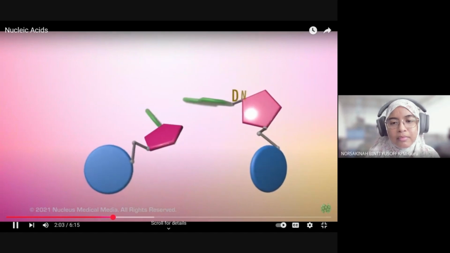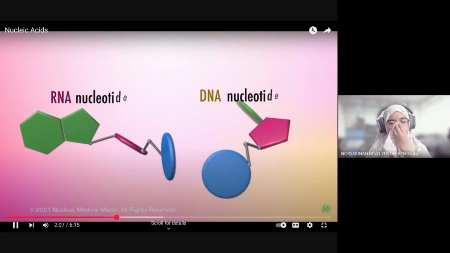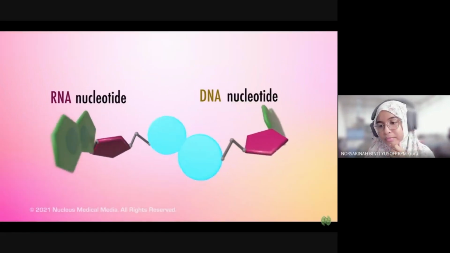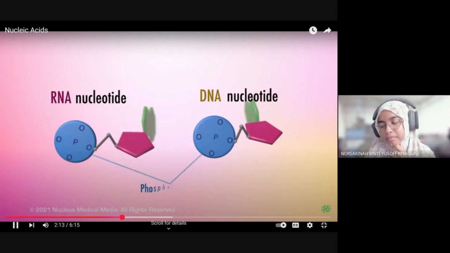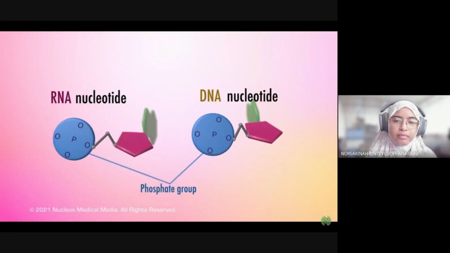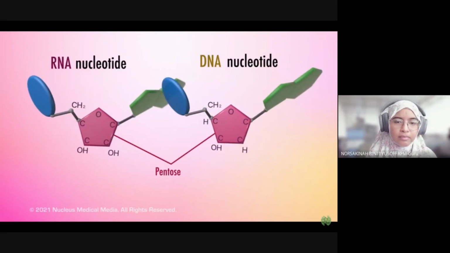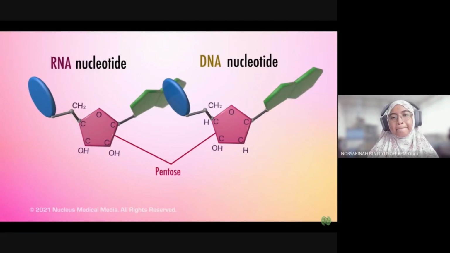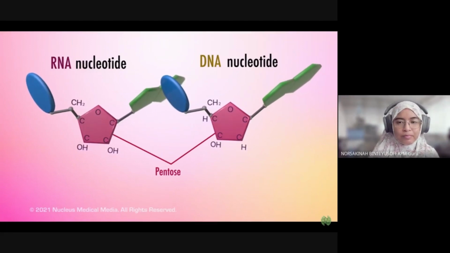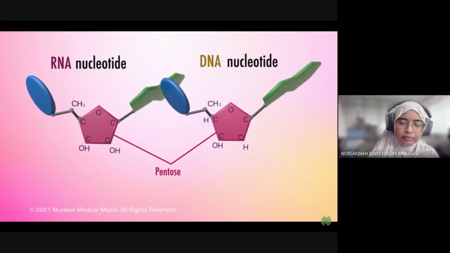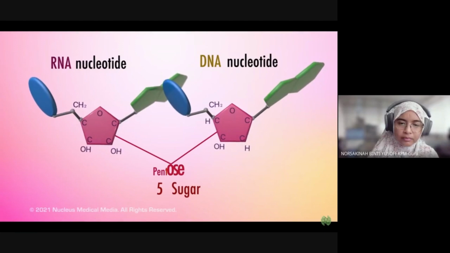Well, both DNA and RNA are made up of monomers called nucleotides. All nucleotides contain 3 compounds. The first compound is a phosphate group, which contains phosphorus. The second compound is a 5-carbon sugar. All 5-carbon sugars can be called a pentose. A good way to remember this is that pent means 5 and the suffix -ose means sugar.